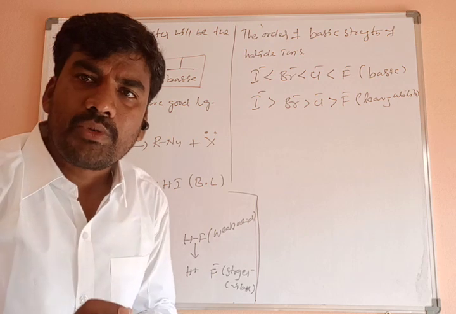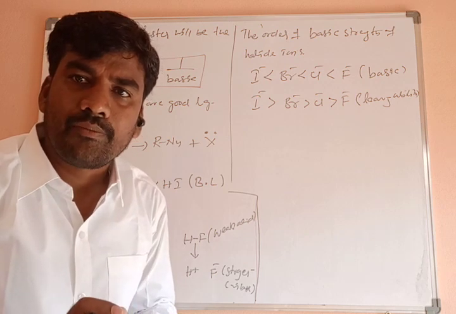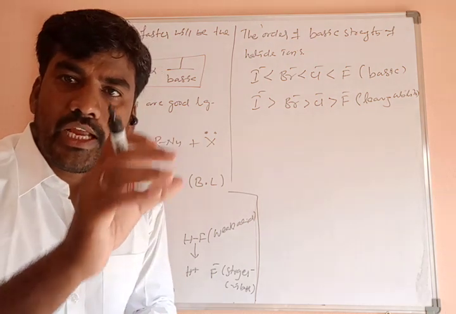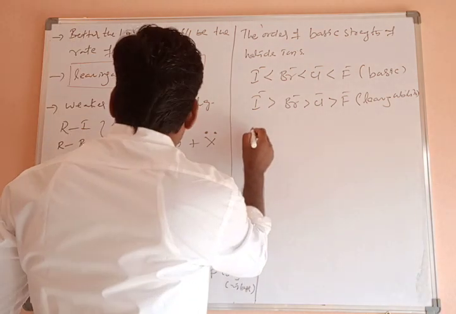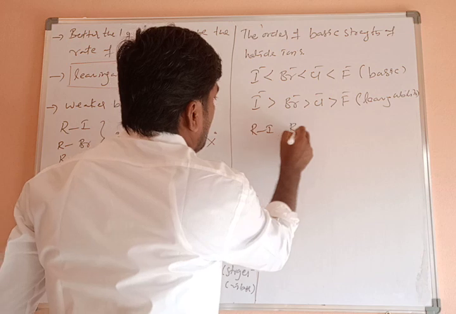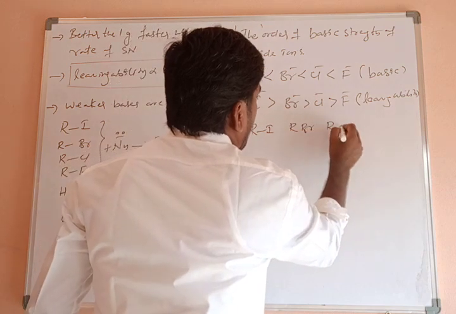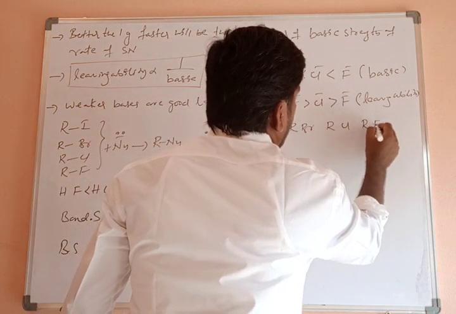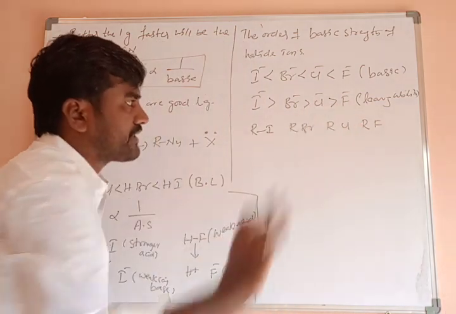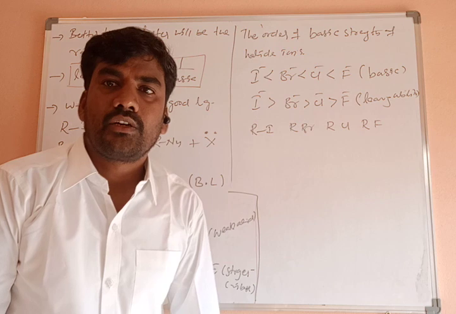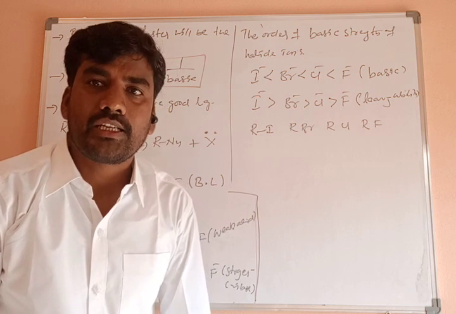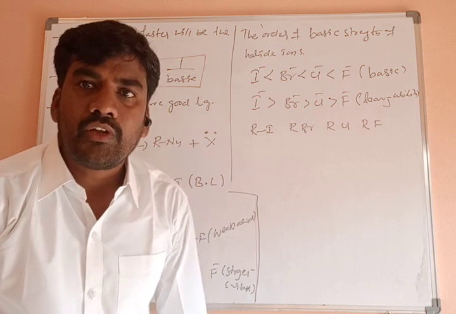When the alkyl group is the same and the halogen atoms are different, that is R-I, R-Br, R-Cl, R-F, the reactivity of alkyl halides towards nucleophilic substitution reactions depends on the leaving group ability.